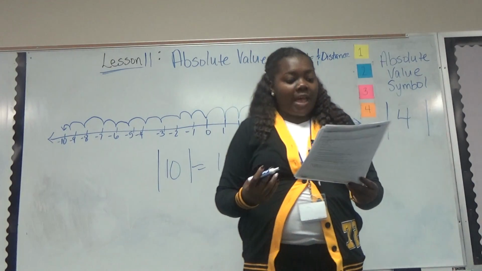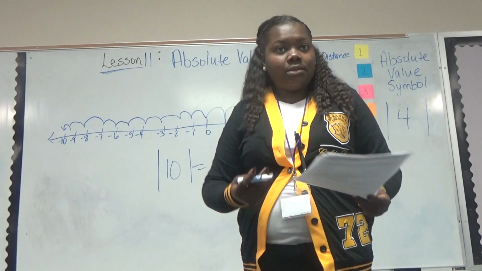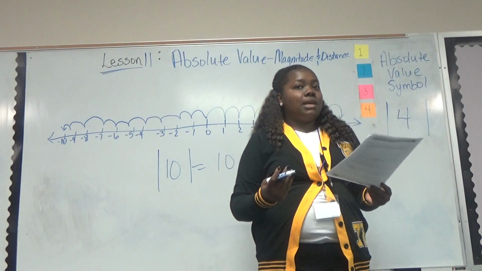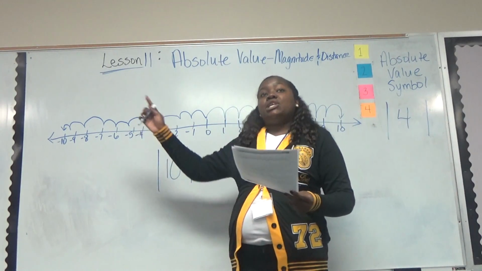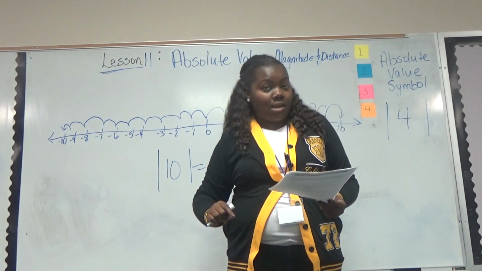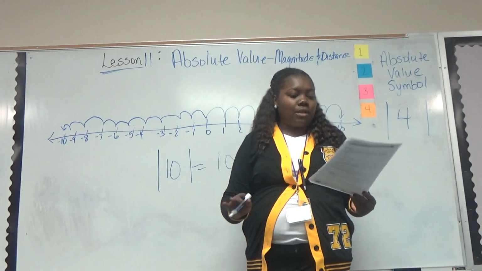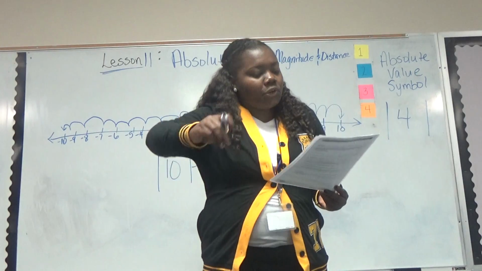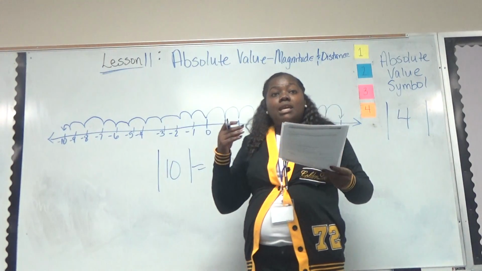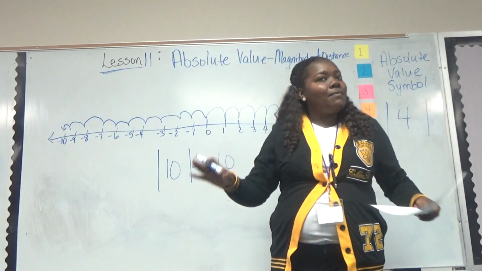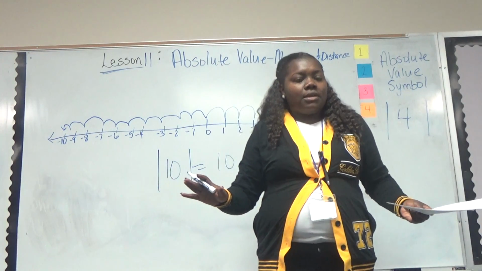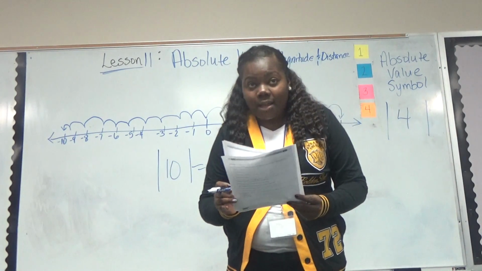So the absolute value of negative 10 is not negative 10, it's 10. It only takes me 10 units to get to that negative 10, right? So it's not negative, it's just simply 10, because it takes us 10 units to reach it. So when you're thinking about absolute value, it's never going to be what? Negative. Negative, because distance is not negative.